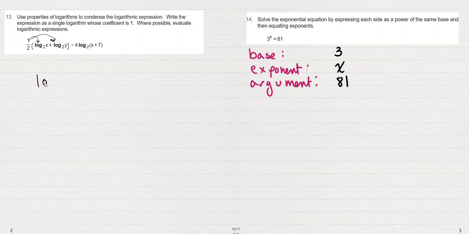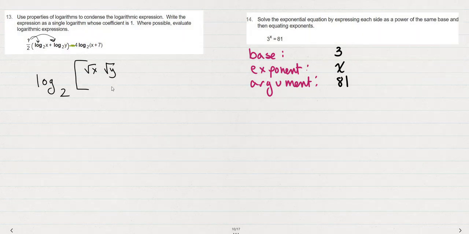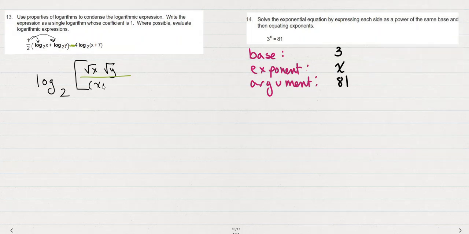So when I rewrite this, we've got log base 2. In the numerator, we've got a square root of x, square root of y. And then when I subtract, get a fraction bar, and that's going to be an x plus 7 to the 4th power. So it's going to look like this.